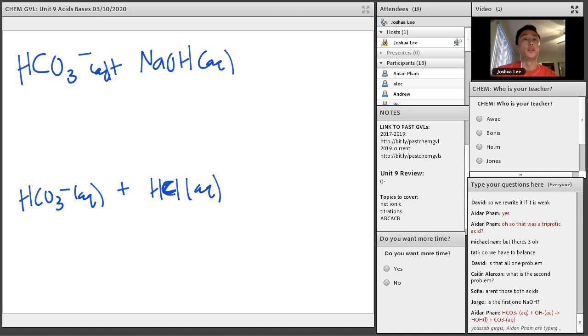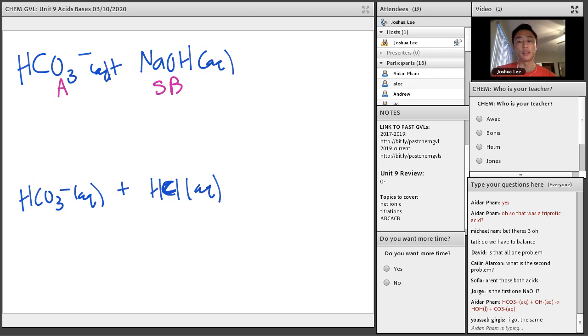So in this case, you have to know that sodium hydroxide is a strong base. That automatically means that this one has to act as an acid, and since it's not any of our strong acids, it's going to be a weak acid. So if we did it the long way, weak acid, we would just rewrite it. I'll just start on the other side.